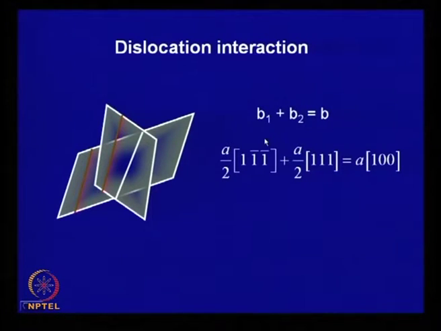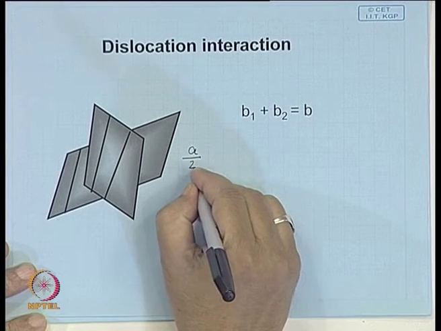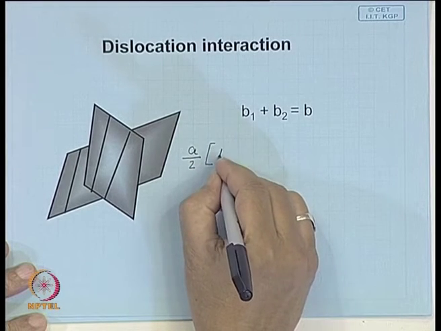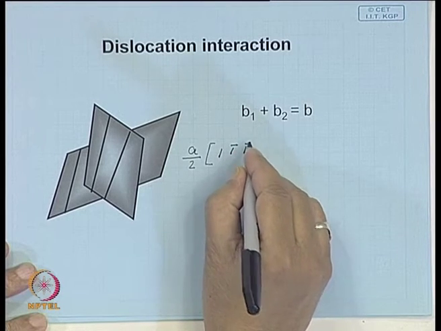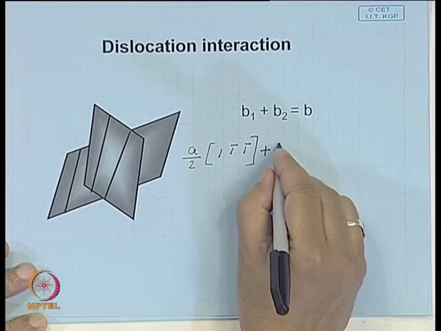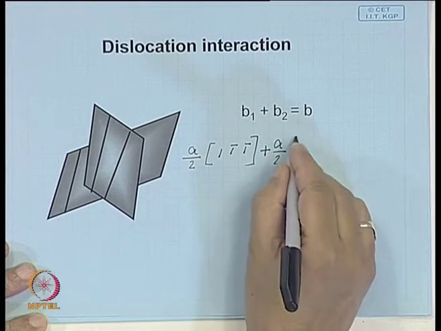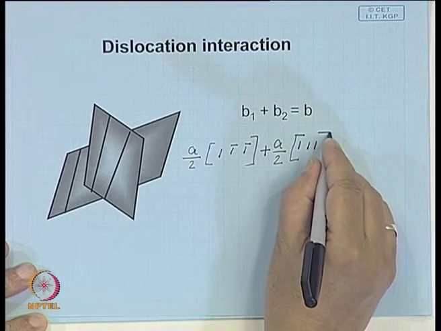So basically, if you try it, this is a/2 [1 1 bar 1] plus a/2 [1 1 1].